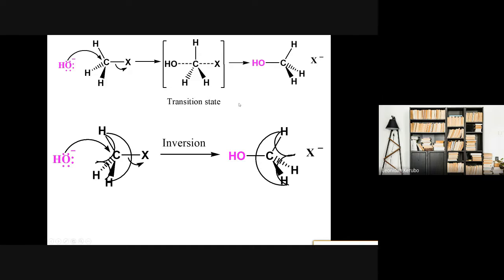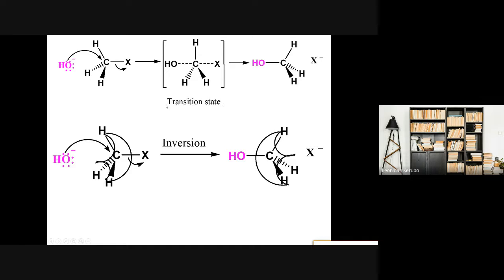So this is an example of the mechanism of reaction for SN2. This is a nucleophile, the hydroxyl. It's a strong nucleophile. It attacks from the back lobe of this sp3 hybridized orbital that is bonded to the halogen, donates electrons, and goes through a transition state.